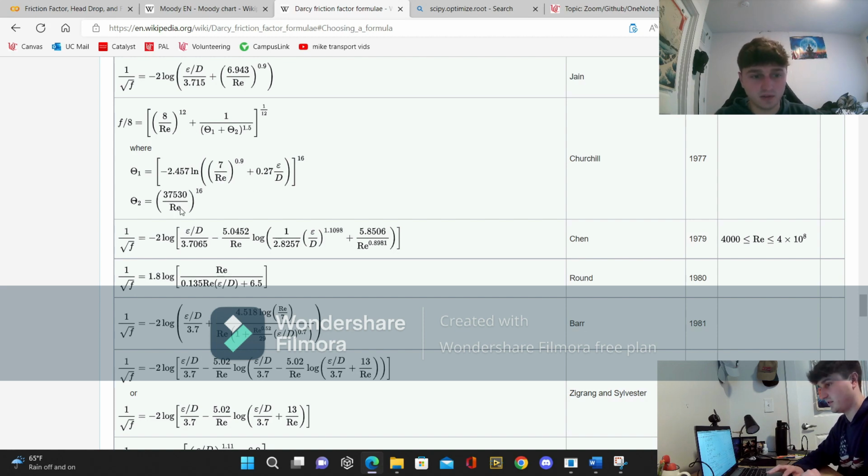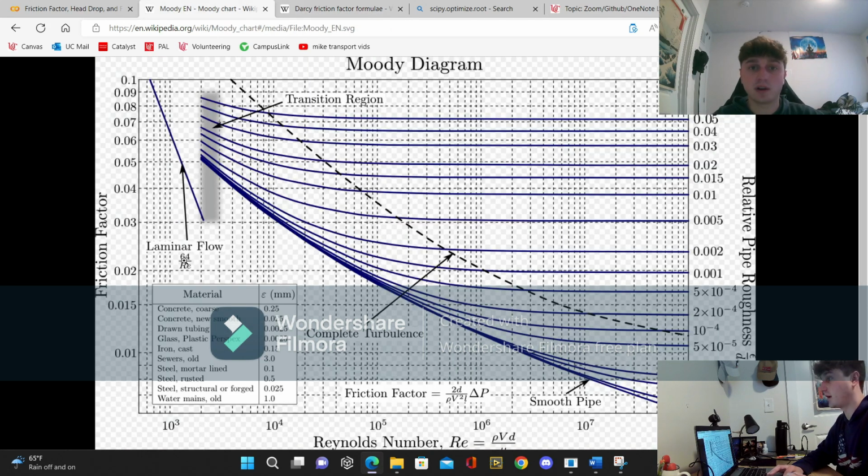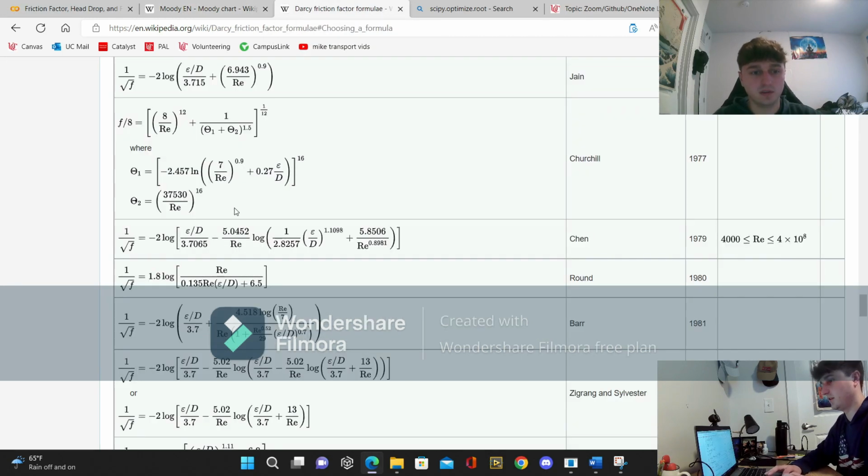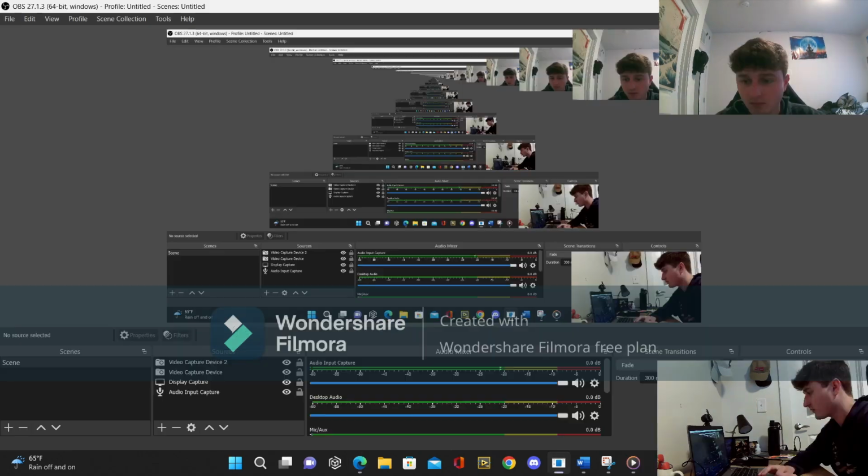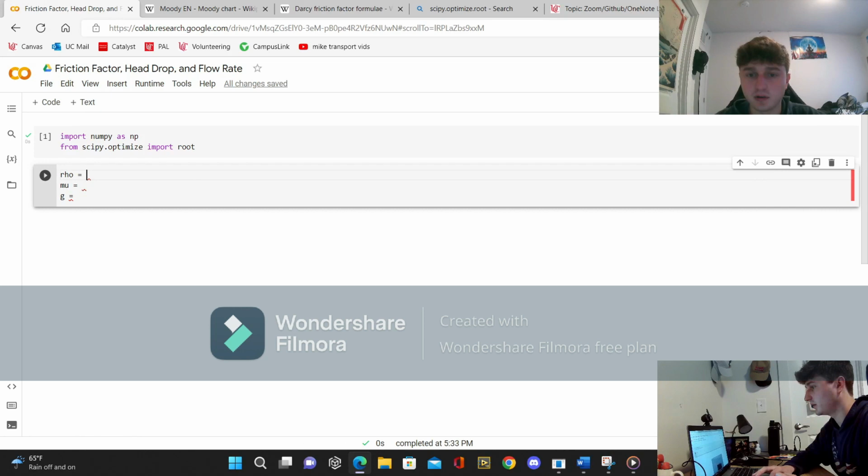Rather, we simply have some inputs that we need to put into our program, and we'll be through with it. So this is what we're going to be using for our friction factor calculations. As I've said, this is a factor of 4 increased, the friction factor that is used in these equations. So all we're going to have to do is multiply this value by 2, and we are going to be smooth sailing from there. Now we'll hop into some Python coding.